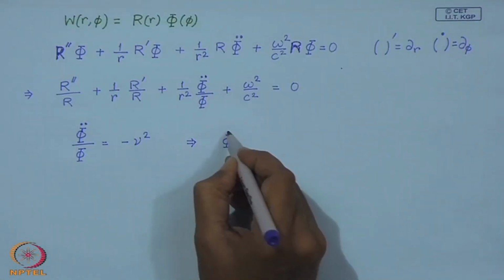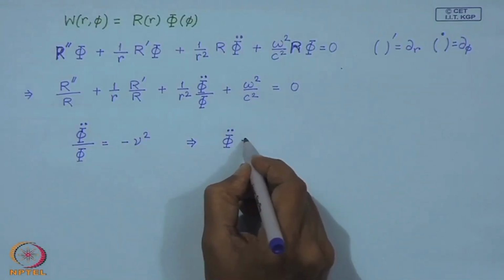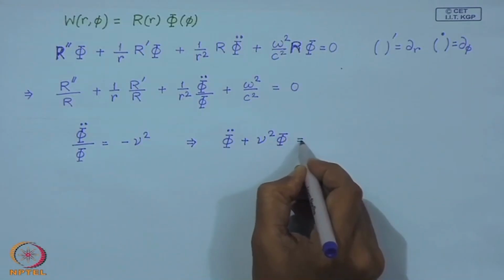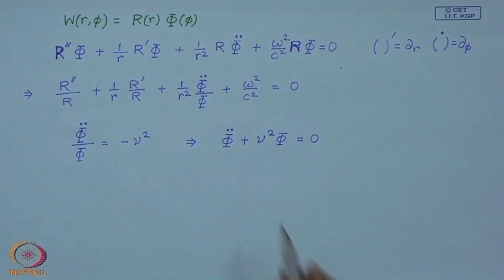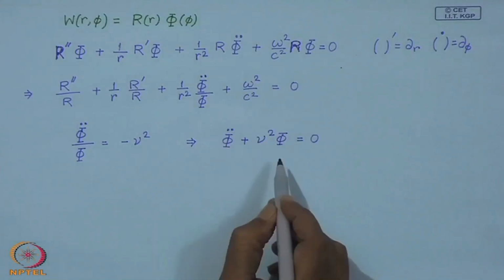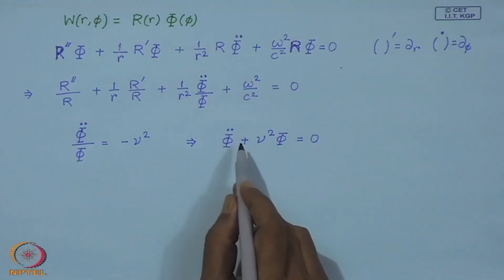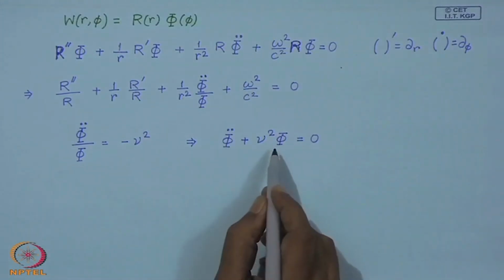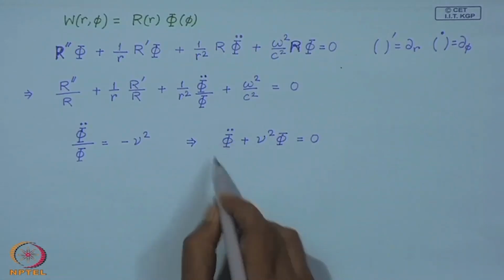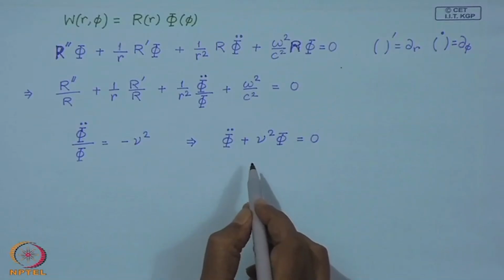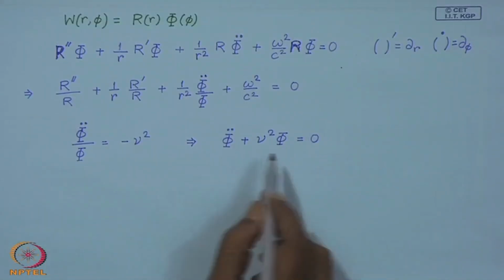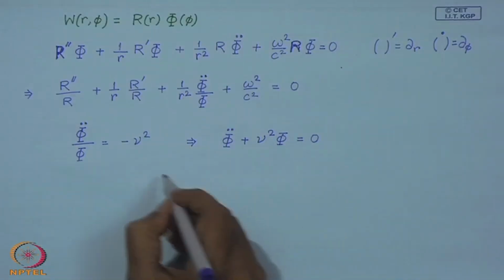Since I want this equal to 0, this is purely a function of the angular coordinate phi, and we must have periodicity in this function, otherwise at phi equal to 0 and phi equal to 2 pi, this function will not match.